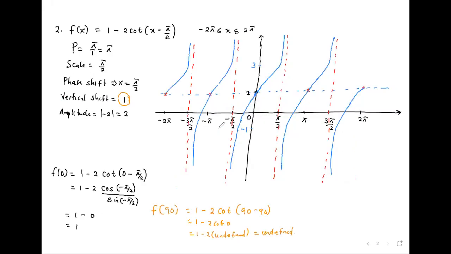Take note that the negative cot is oriented in the tan orientation, and the negative tan is oriented in the cot orientation.